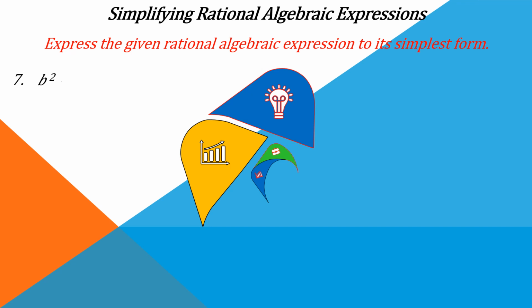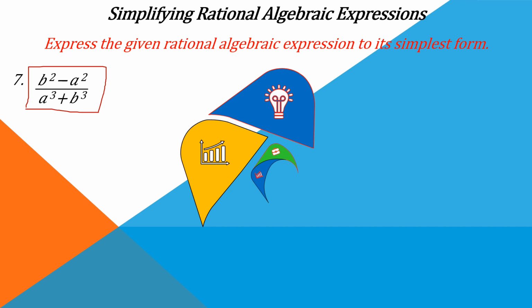Example number 7. b squared minus a squared divided by a cubed plus b cubed. Now, if you will notice in our example, the numerator is a difference of perfect squares, and the denominator is a sum of two cubes. Therefore, we have the pattern in our previous topics.